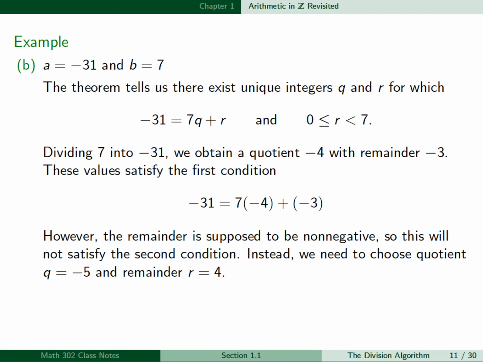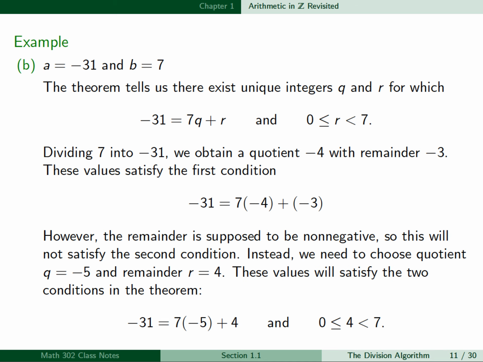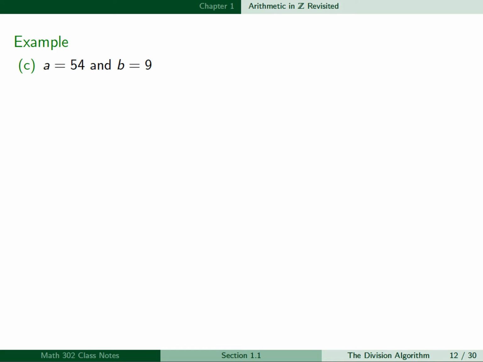Instead, we need to choose a quotient q is equal to negative 5, and then our remainder r equal to 4 will be non-negative. These values will satisfy the two conditions in the theorem. Negative 31 is equal to 7 times negative 5 plus 4, and 0 is less than or equal to 4 is strictly less than 7. For our third example, we'll take a is equal to 54 and b is equal to 9.